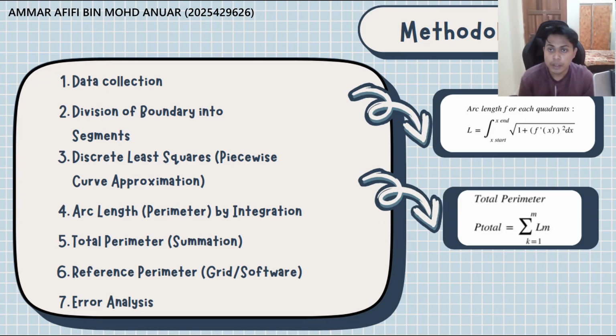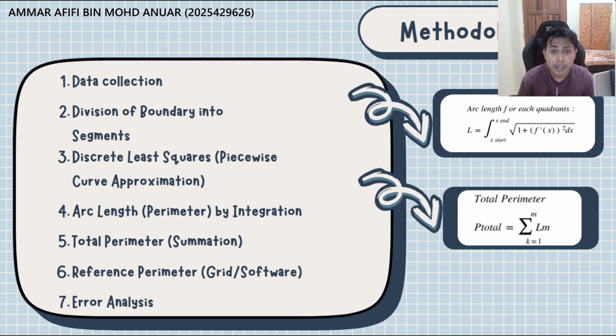Okay, for this slide about methodology, we have 7 steps. First of all is the data collection from our own inspection and from satellite data. Next, we do the division of the boundary into segments, and then the discrete least squares, which is piecewise curve approximation.